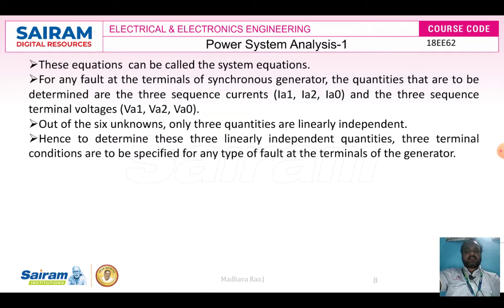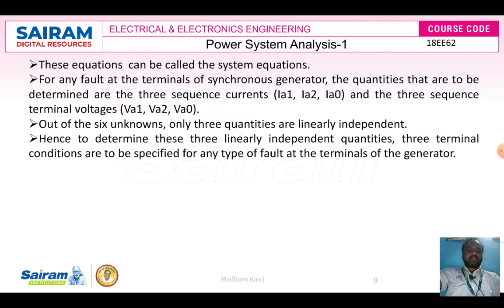For any fault at the terminals of the synchronous generator, the quantities to be determined are the sequence currents IA1, IA2, IA0, and VA1, VA2, VA0 are the quantities belonging to the synchronous generator at fault condition.